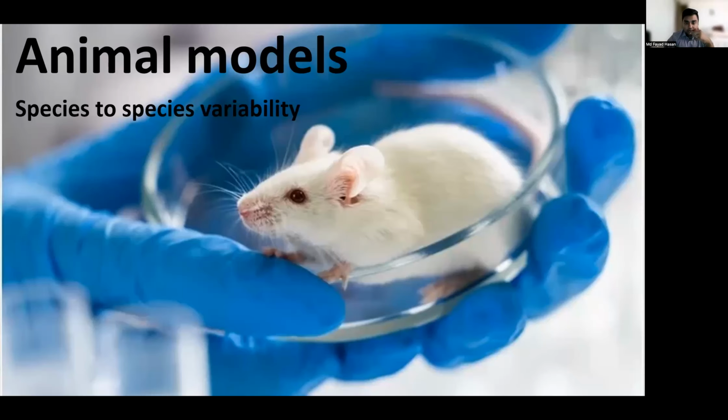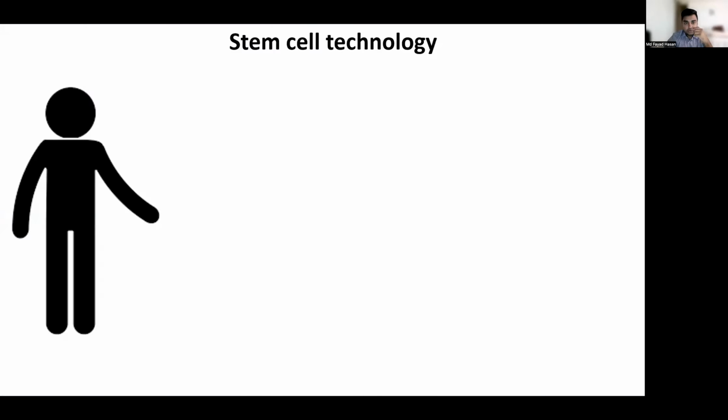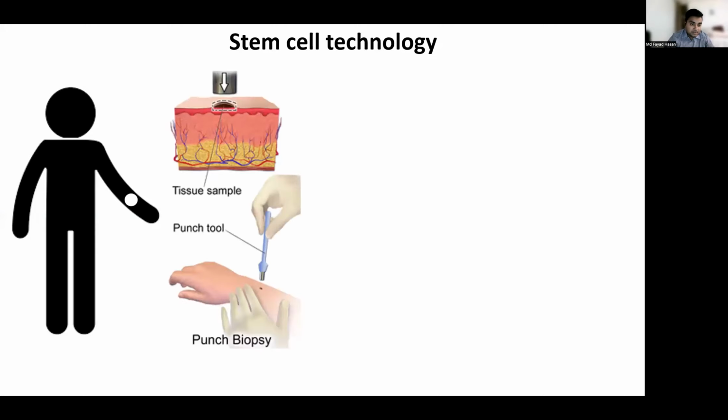To work around this problem, with the recent advent of technology, stem cell technology came in. In a simple way, you get a patient and do a skin biopsy on the hand, which means you get a small piece of skin from them.